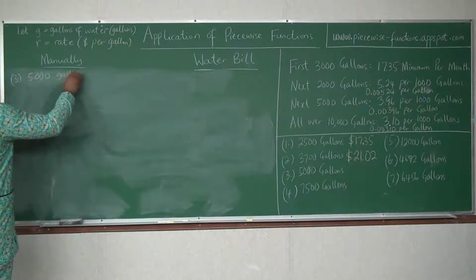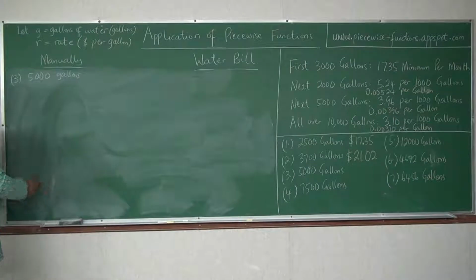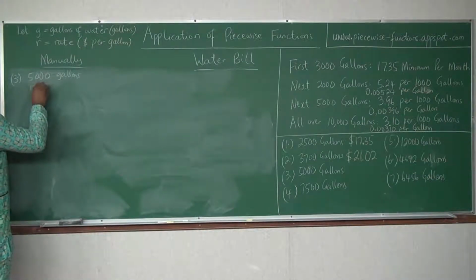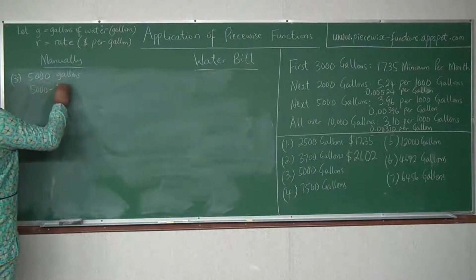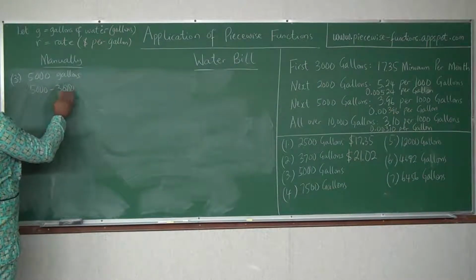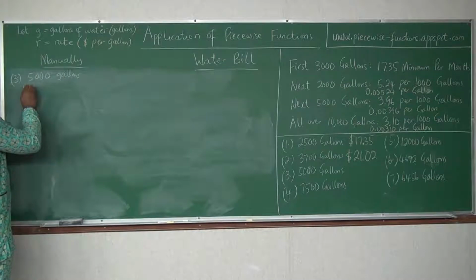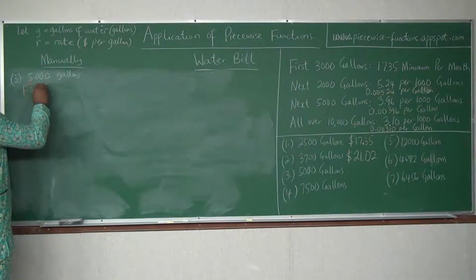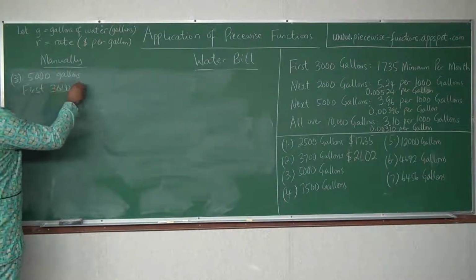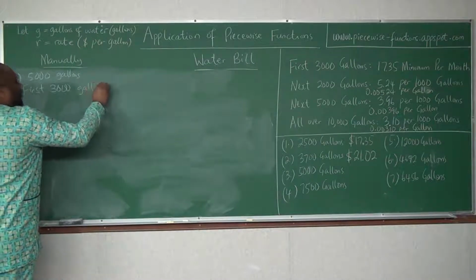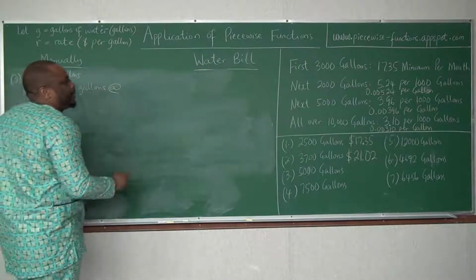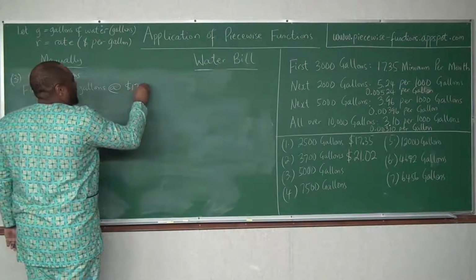You have the first 3,000, so you have 5,000 minus 3,000. Let's first of all do first 3,000 gallons at $17.35.